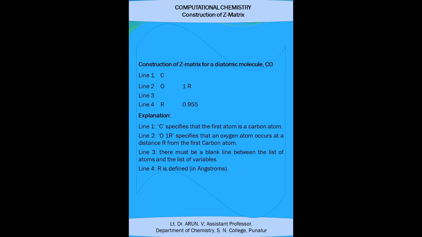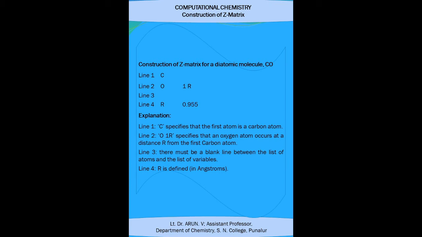In the Z matrix of the carbon monoxide molecule, the first line represents the carbon, the second line oxygen, and at the right of the oxygen we can see one R. Just below that there is a blank line, and there is another line in which we can see R followed by a distance, 0.99955.